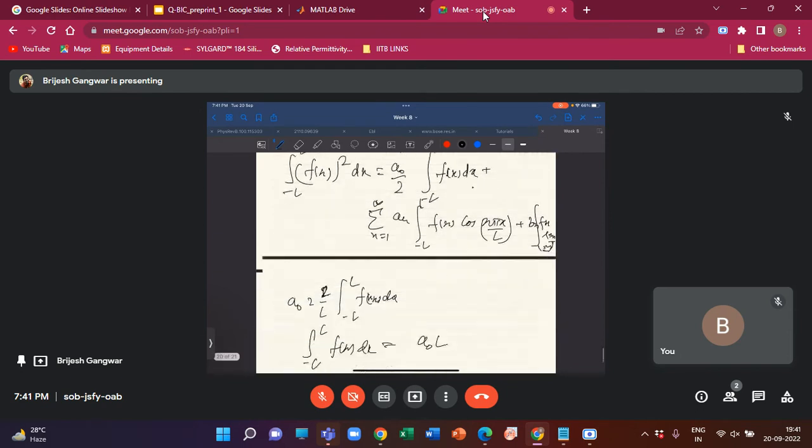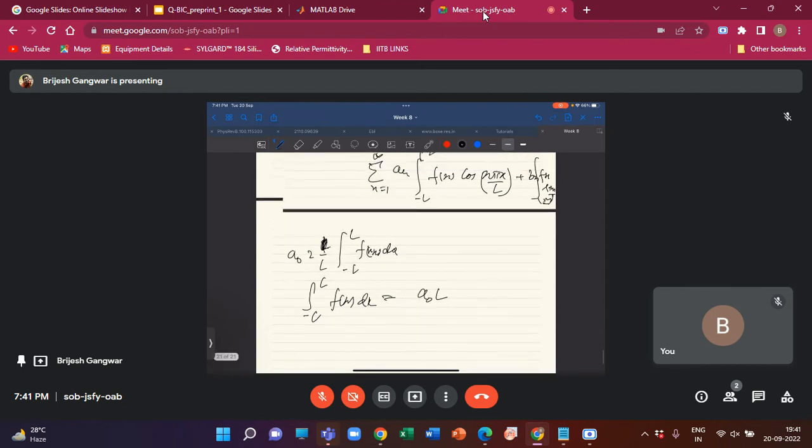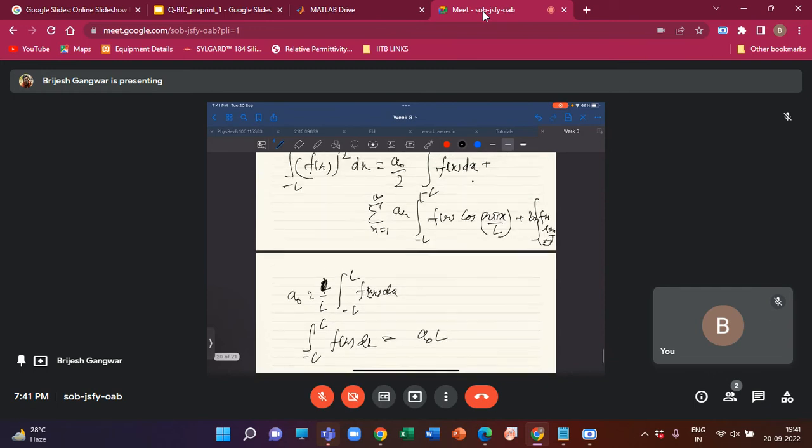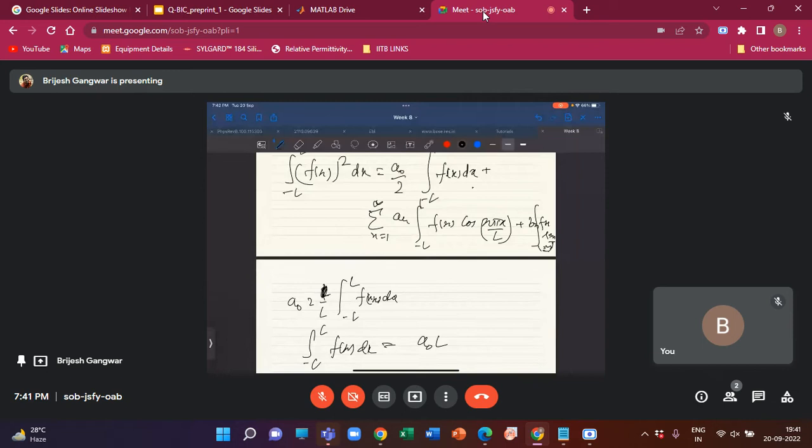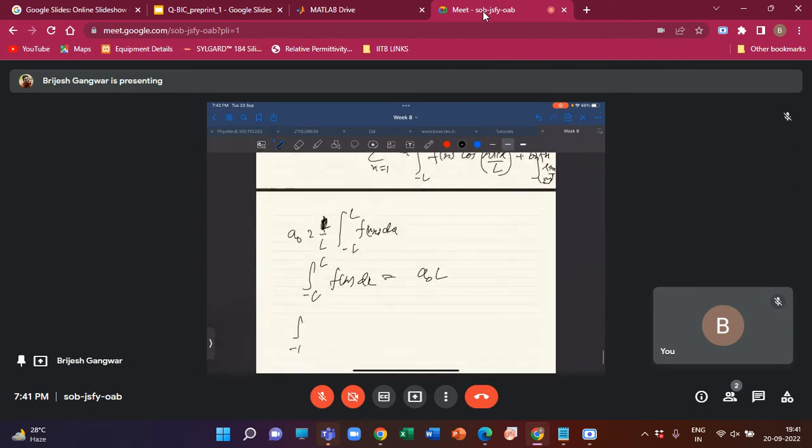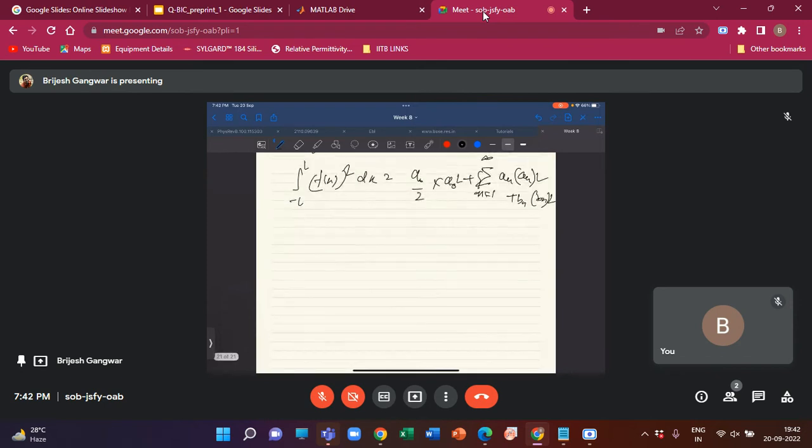Similarly, we know that this is an into L, and this is bn into L. So you can easily write the integral from minus L to L of f(x) whole square dx will be a0 square by 2 plus summation n equal to 1 to infinity of an square plus bn square, with L common and going to the other side.